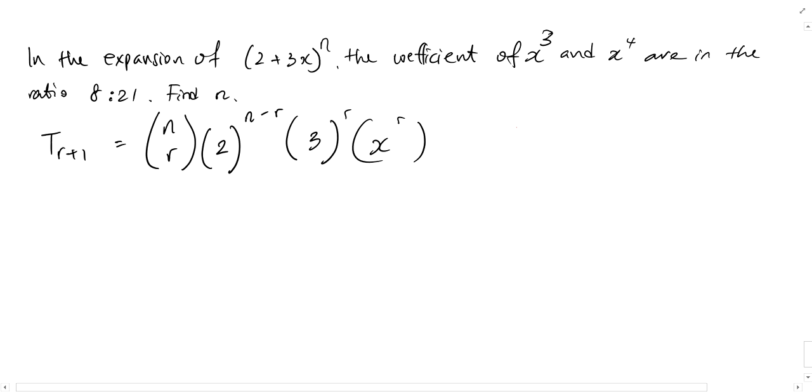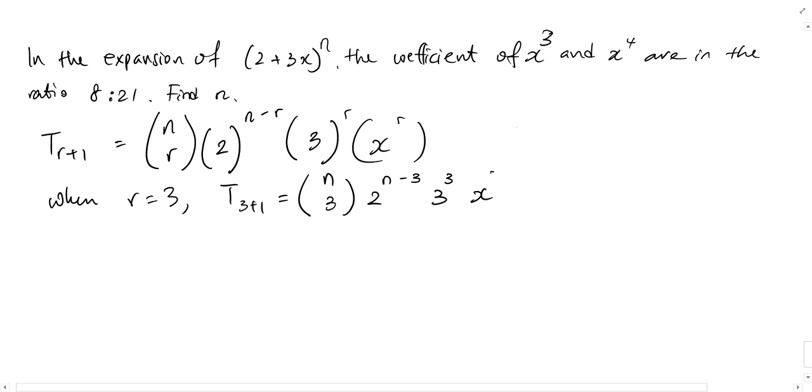We can see that r should be 3 for the first one. So when r equals 3, we've got T_{3+1}, which is term 4, equals n choose 3, 2 to the power of n minus 3, 3 to the power of 3, x to the power of 3.